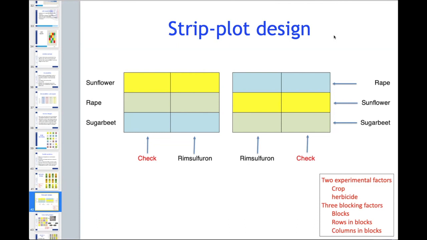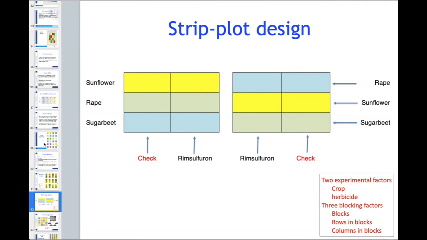It makes the analysis invalid. And if the reviewer realizes this problem, they will reject the paper. So we need to be careful with these types of design. We need to be able to recognize them, and then we need to be able to analyze them properly. But this is another thing which we talk about in the future.